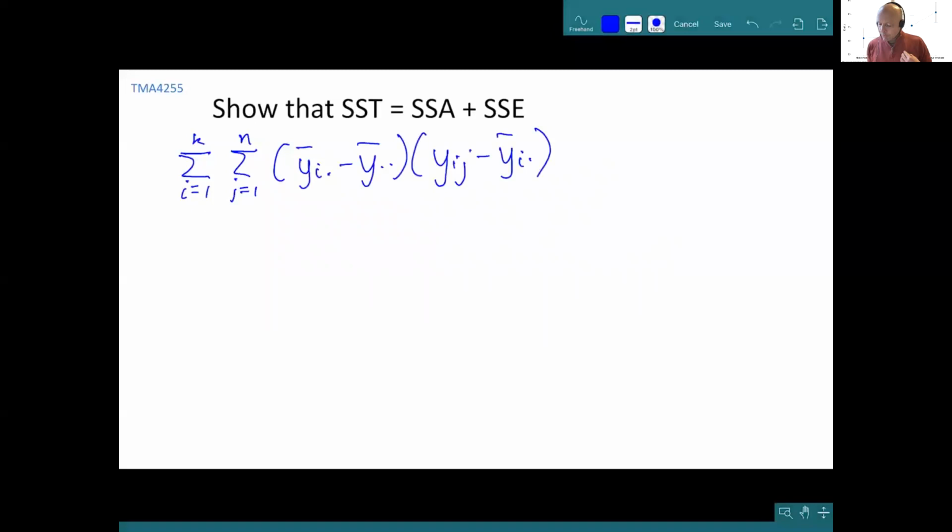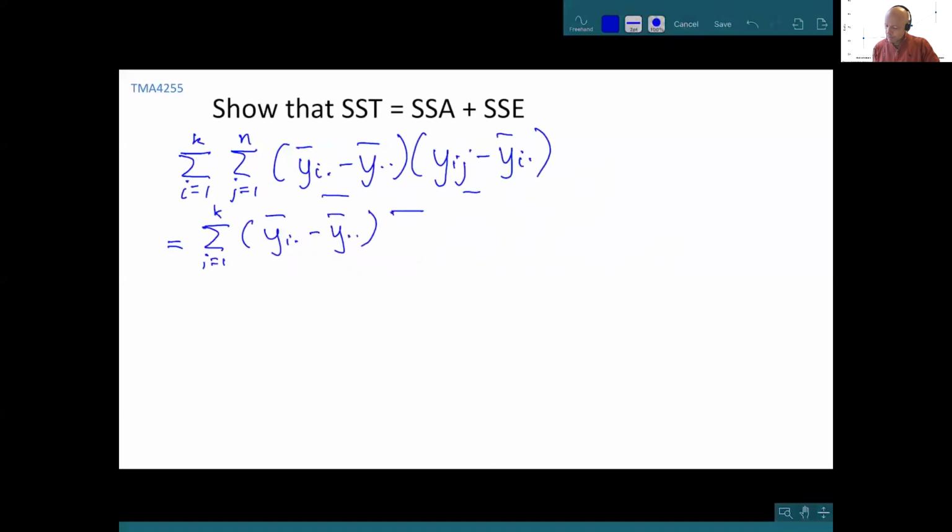And why did I write this term before that? Well, I see that this sum over j can actually go inside this first part. So I can take the i sum, so everything depends on i, but this y bar i dot minus y bar dot dot does not depend on j.